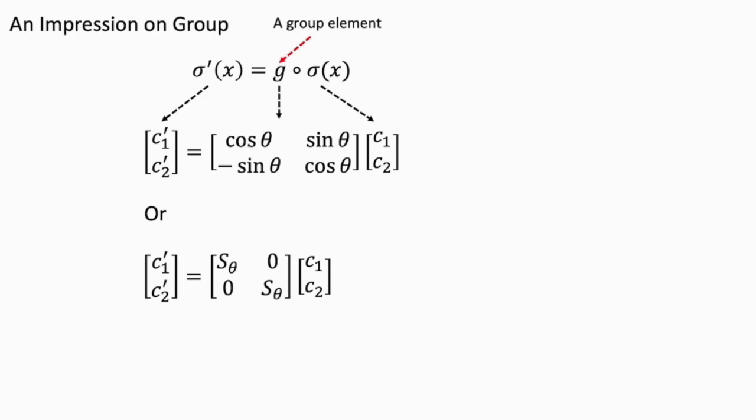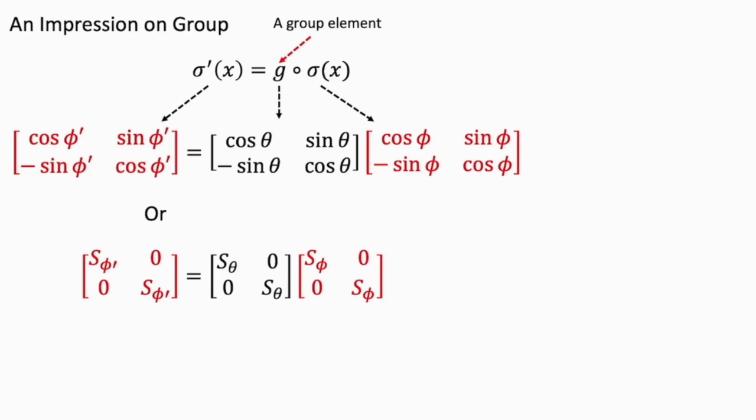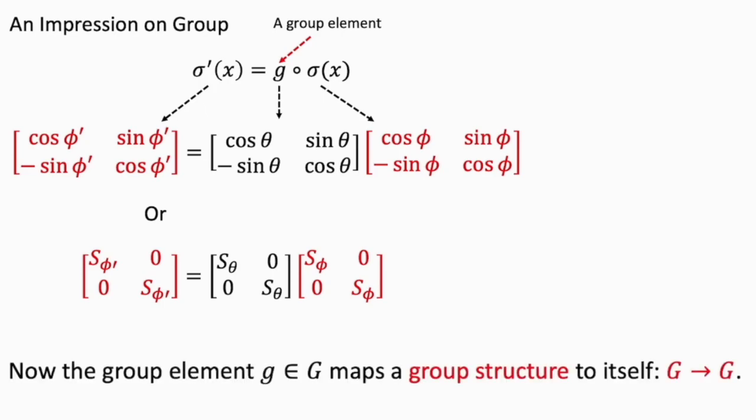But we need to remember that the group element doesn't necessarily need to act on a vector space. It can actually work on a group structure as well, like shown here. In this case, the group element maps a group structure to itself.